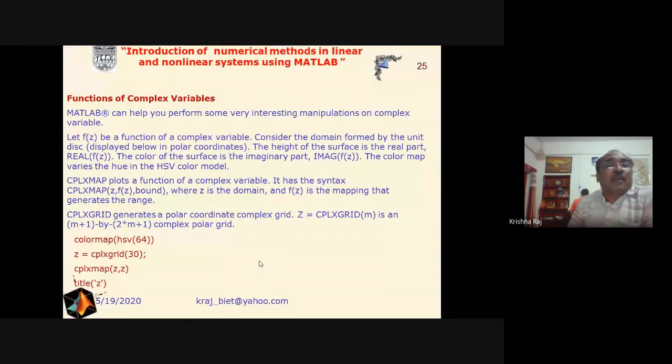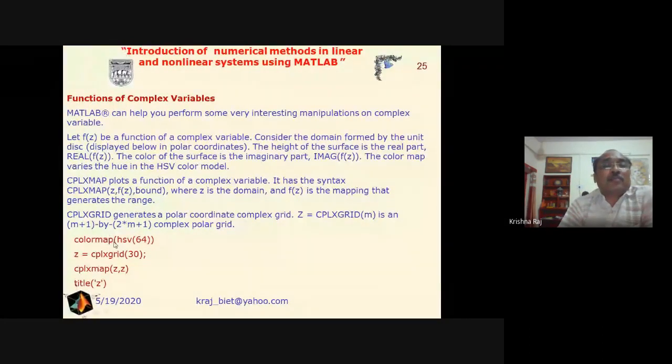Now, if we want to describe the result and visualize it using color, then for that purpose we have to use a colormap with the complex grid. So here the complex map plot or the colormap has to be used.